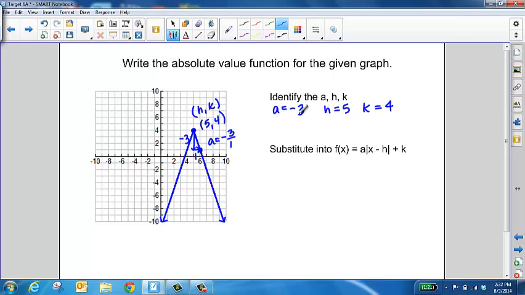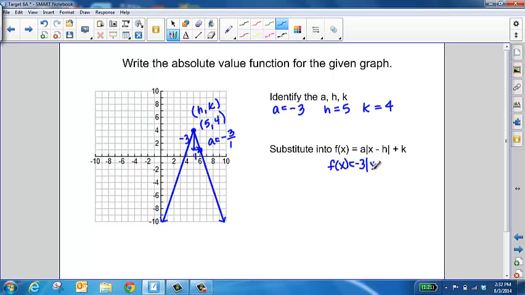Now the last part of this is just to substitute those three values into the standard equation for an absolute value function. So we're going to have f of x equals, in place of that a, we're going to substitute in that negative 3. Then we're going to start drawing the absolute value bars.